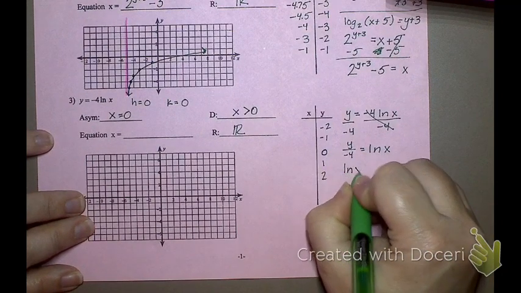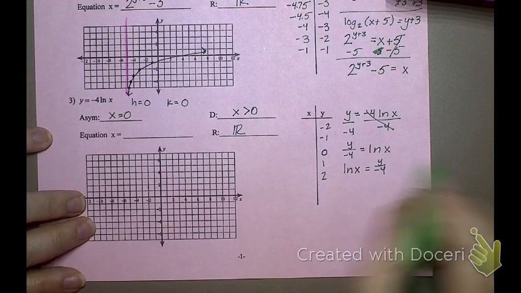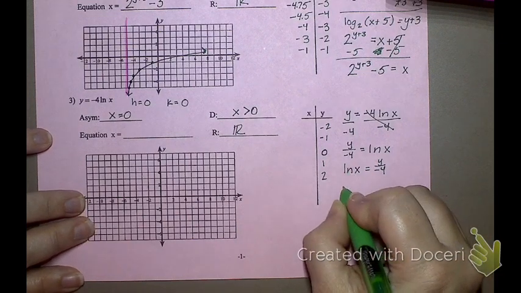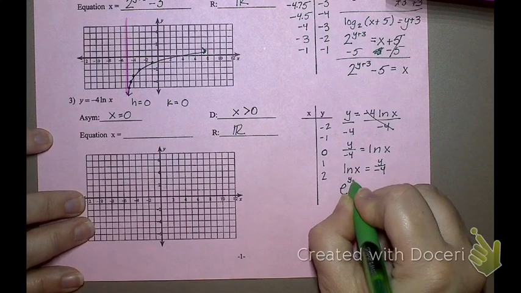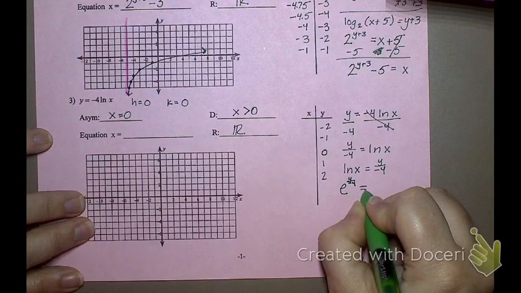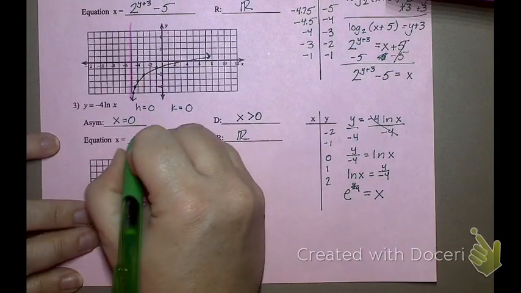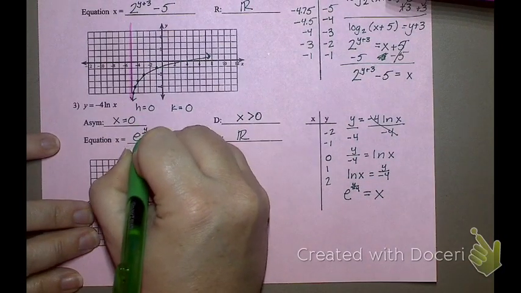So natural log of x equals y over -4. So going to exponential form, what's my base? e to the y over negative 4 equals x, and x is by itself, thank goodness. So my equation is e to the y over negative 4.